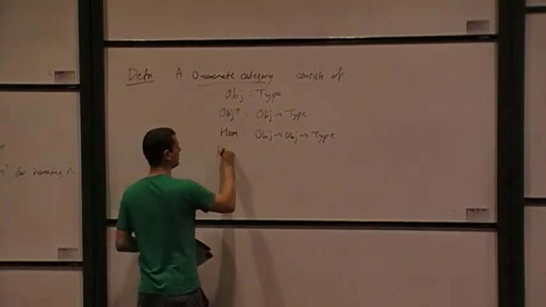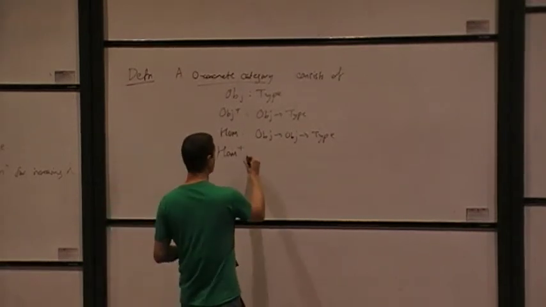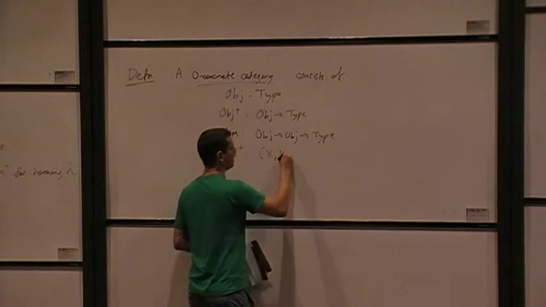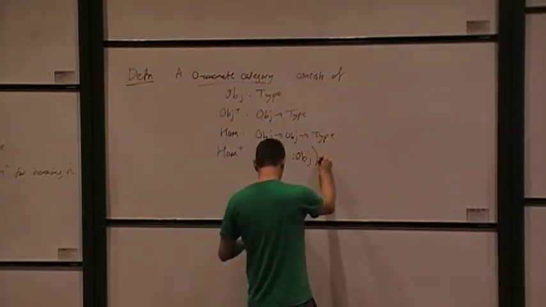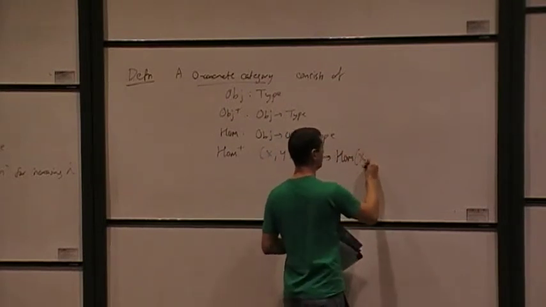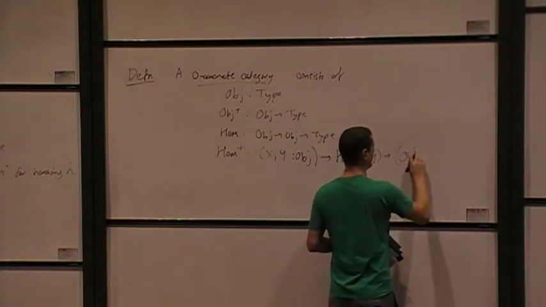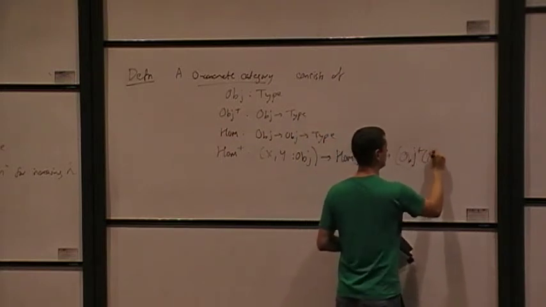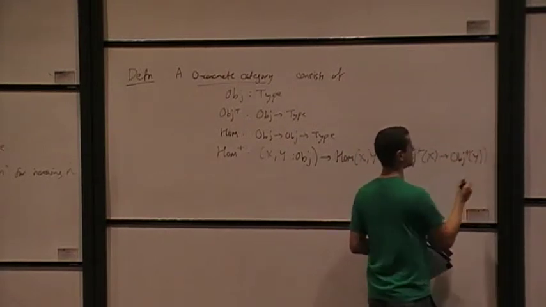So I'm going to define hom plus, and that goes, given x and y objects, this gives me a map from hom x y to the map between the appropriate corresponding types.